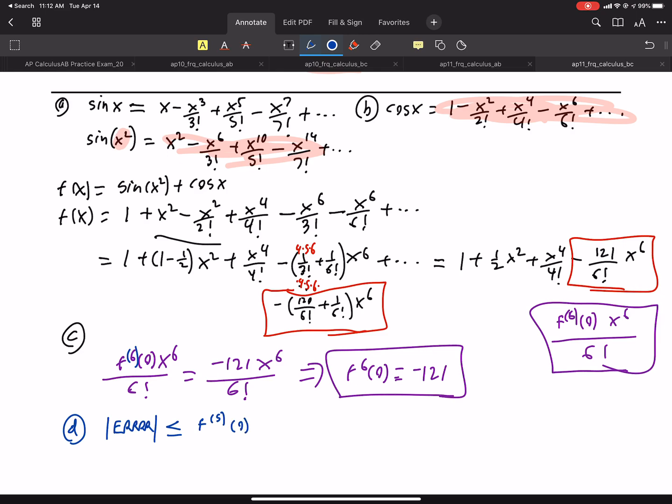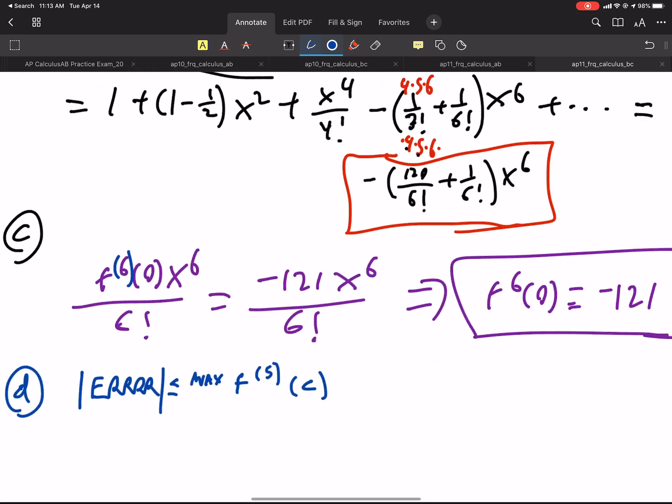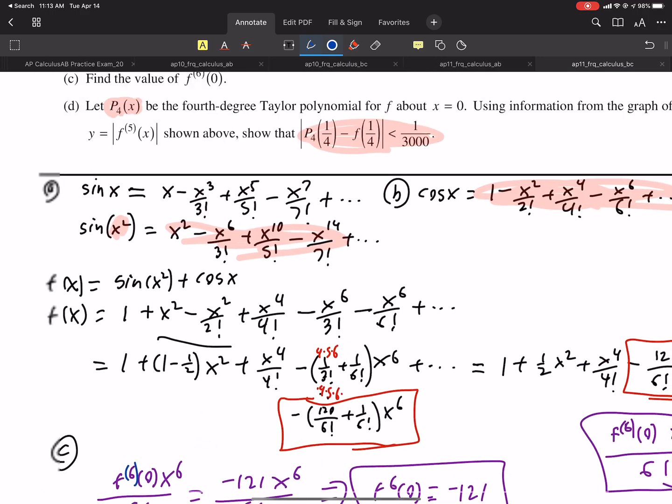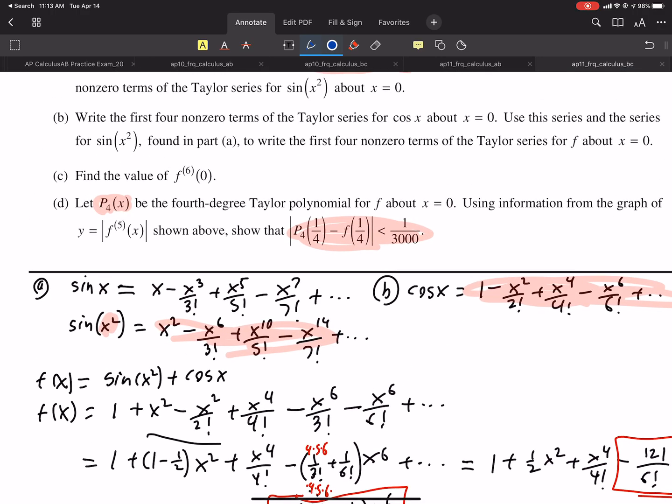So you want the maximum of that. And I didn't leave myself enough room, but I can squeeze it in here. You want the maximum of the next term. So you want the maximum of the absolute value of that term. And c is between the center and the point being approximated.